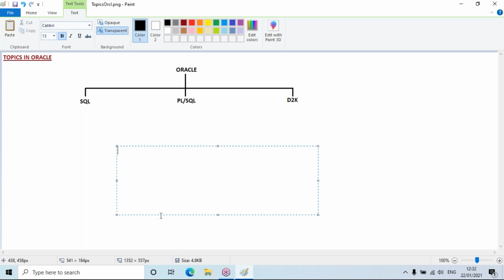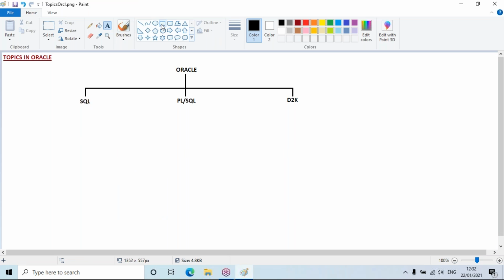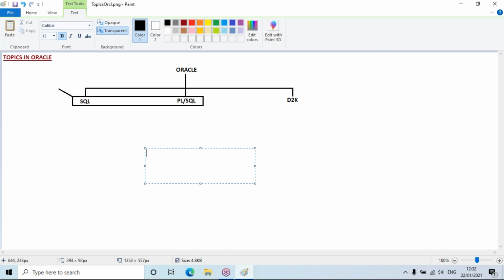Now, among these three topics, these two topics, SQL and PL/SQL, are treated or considered as backend. These two topics I'm talking about, SQL and PL/SQL together, what do you call them?